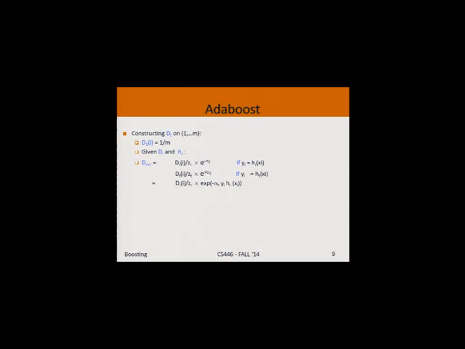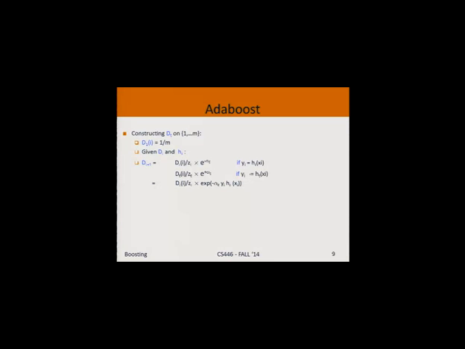So now I'm just writing these two lines in one line here. Basically, it's the previous distribution divided by some normalizing factor times e to the minus alpha t yi ht of xi. Now notice that it's the same thing, right?